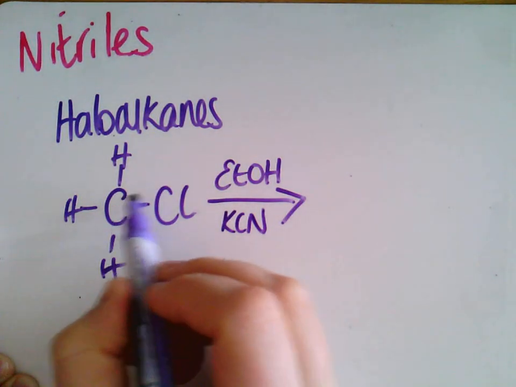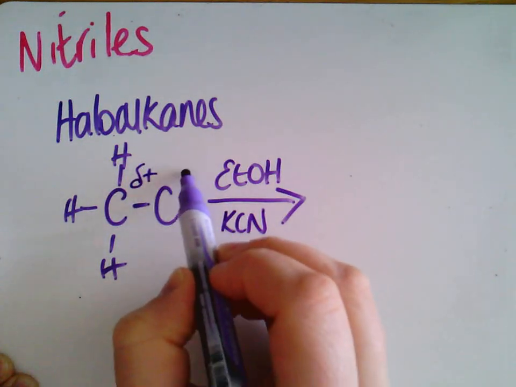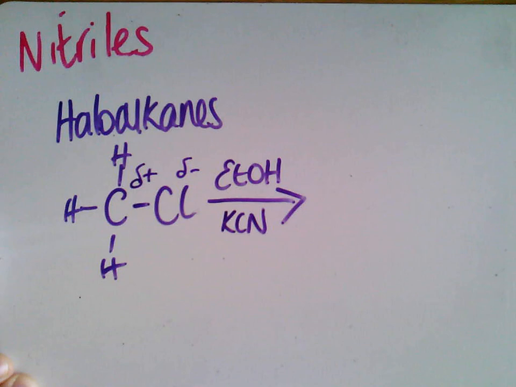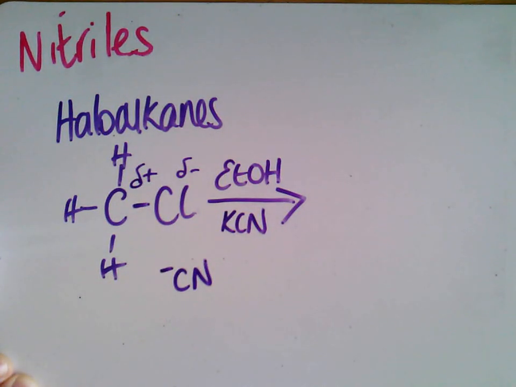With our chloromethane, we need to remember that this bond here is polar. Our chlorine is more electronegative than the carbon, so we have a dipole, and that breaks up the symmetry of the molecule, which is going to allow a nucleophilic substitution to take place.